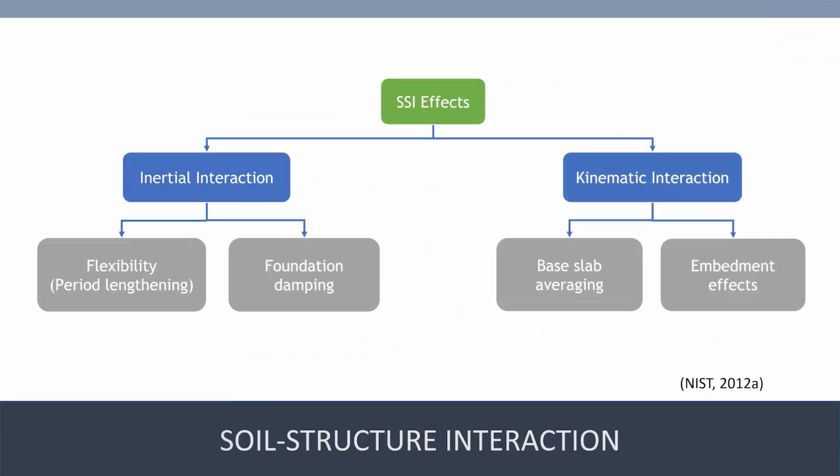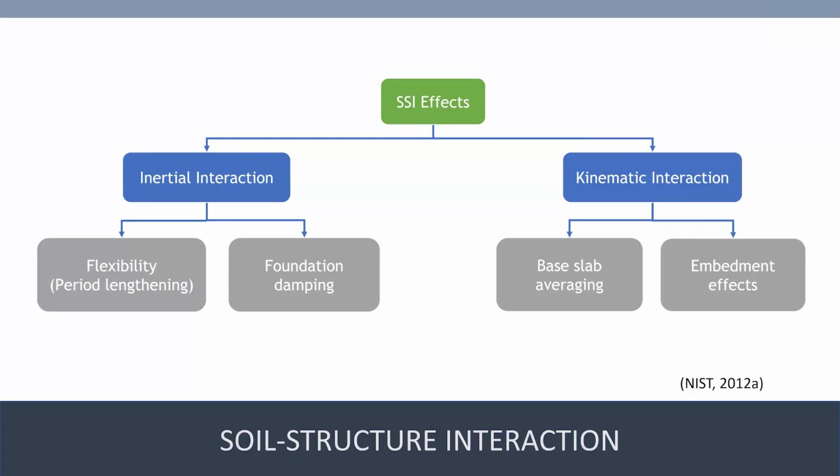So soil structure interaction effects are of two types when we go to full discussion now. One is inertial interaction, and the second one is kinematic interaction. So inertial interaction is the flexibility period lengthening, as I mentioned to you. Natural period becomes longer. So that is that. And then foundation damping, because if the soil is soft, your damping is higher.